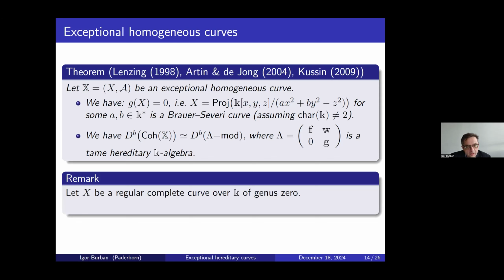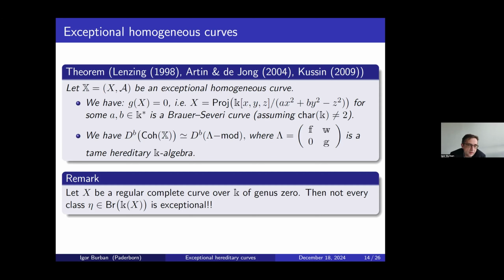Okay, so what I want to tell you now, right? To define a homogeneous curve, I have to specify a central curve and a Brauer class. And it was a bit of a surprise for me to see that not any class eta actually defines a curve with a tilting object. So it defines some homogeneous curves.